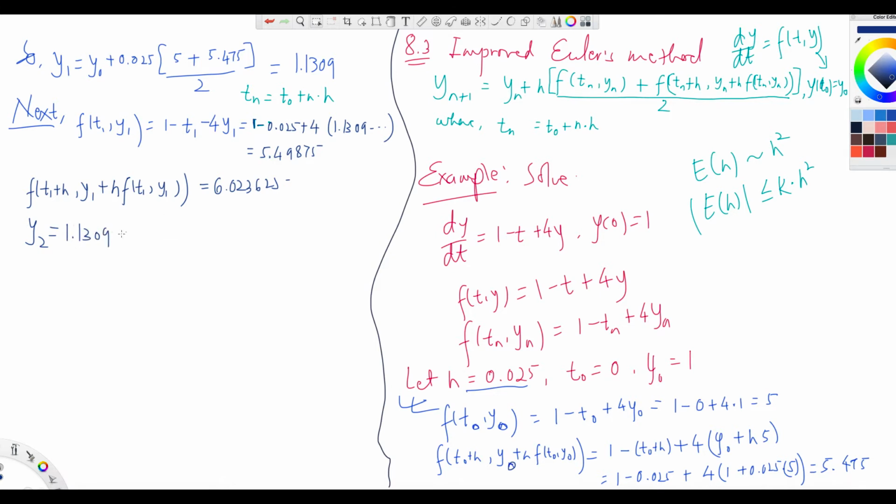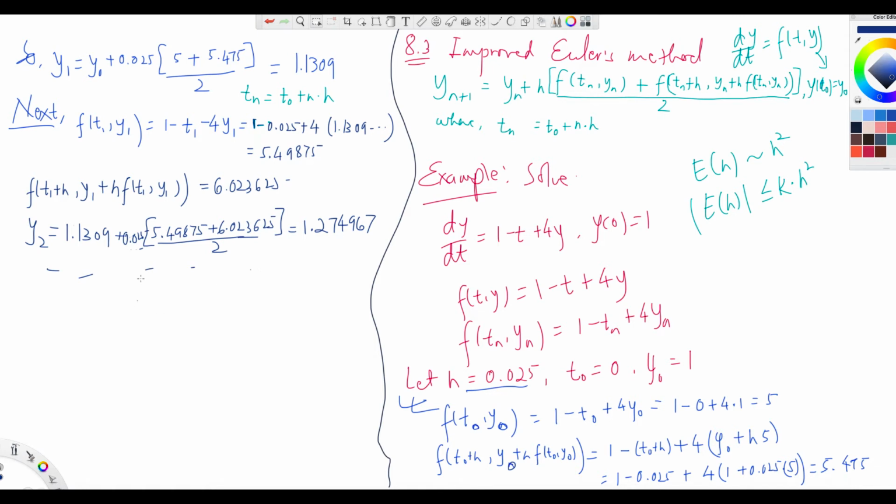And then plus 1/2, and then you plug in those values: 5.49875 plus 6.023625, and then times h. Oh, by the way, I forgot, this is divided by 2, right? And then you write h here. H is 0.025, okay? If you do that, you will basically get 1.274967, and continue that way.